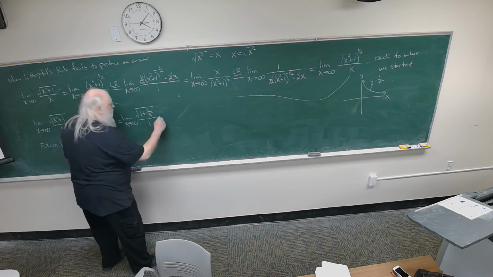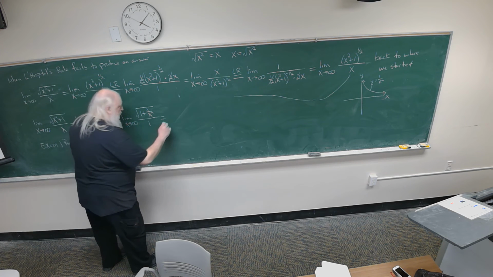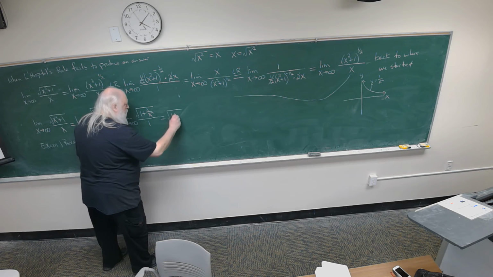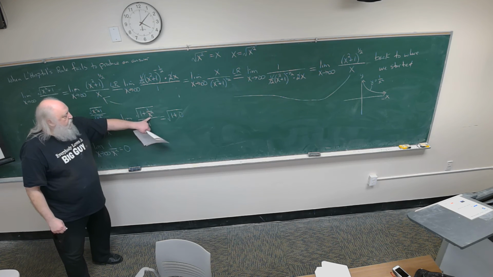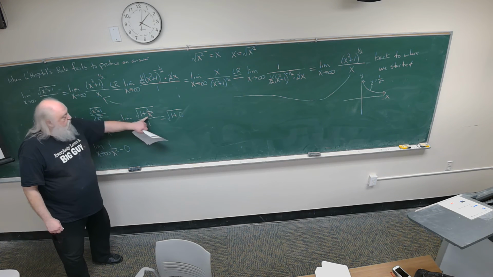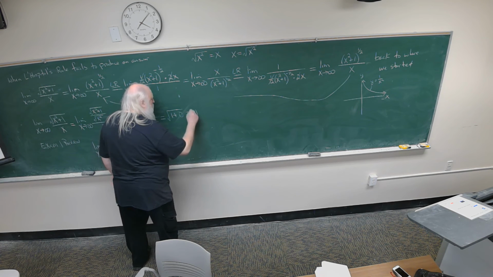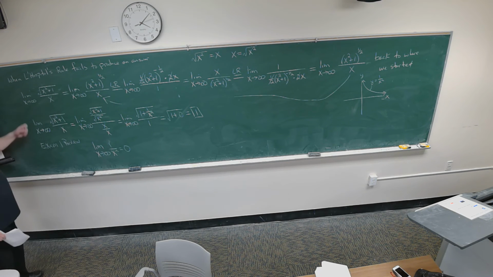So as x increases without bound, and I can ignore the 1 in the denominator, this is equal to 1 plus 0. As x increases without bound, 1 over x squared goes to 0. So I have square root of 1 plus 0. Square root of 1, which is 1. So the limit as x increases without bound of this function is actually equal to 1.